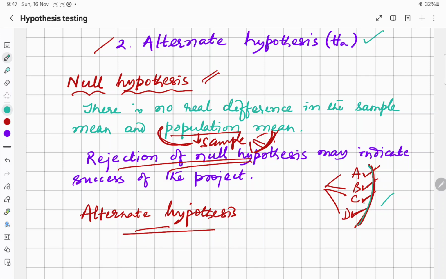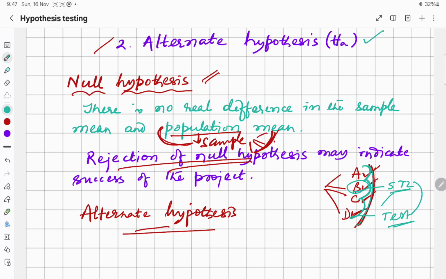And when we compare individually any two groups, suppose in our case B is the negative control, only streptozotocin solution is given, and D is the test group. So when we compare B and D and we find significant difference, then we will say, yes, this test drug is having significant antidiabetic activity.